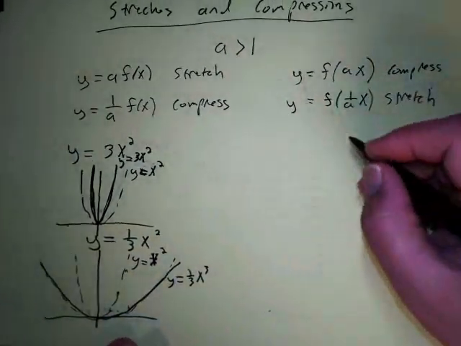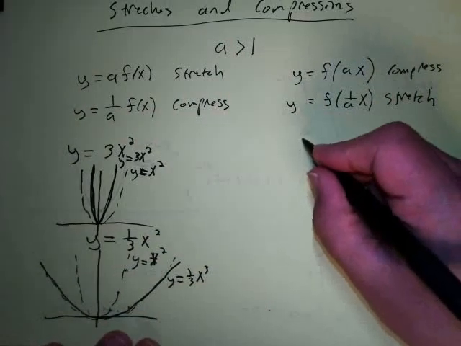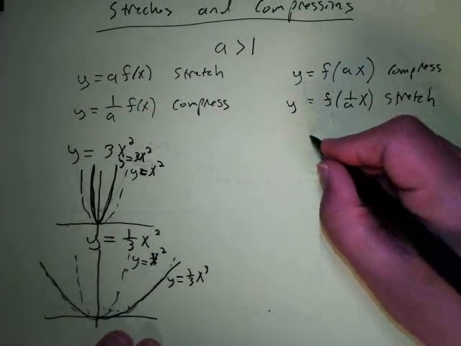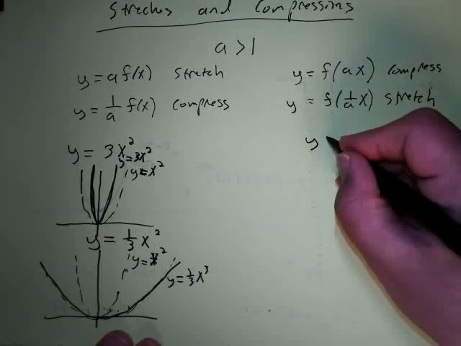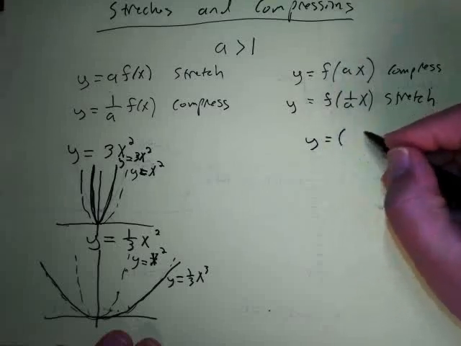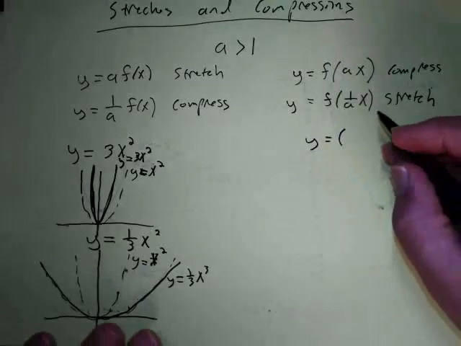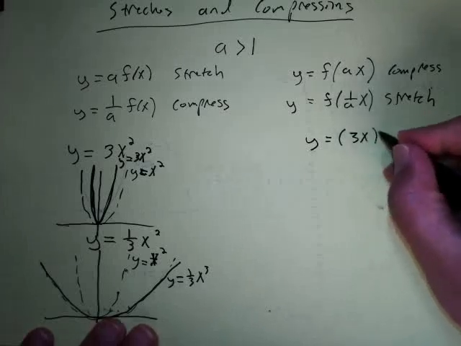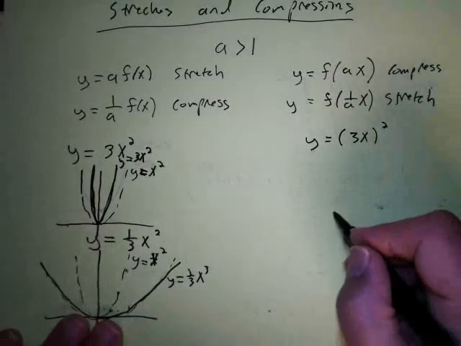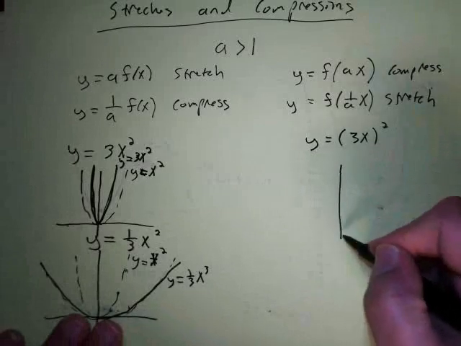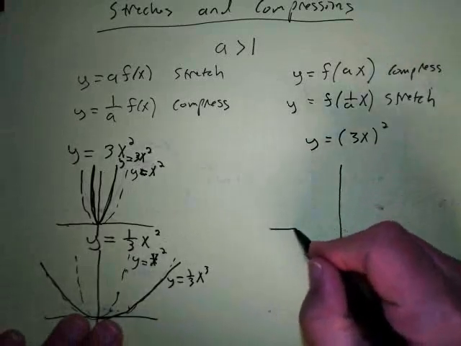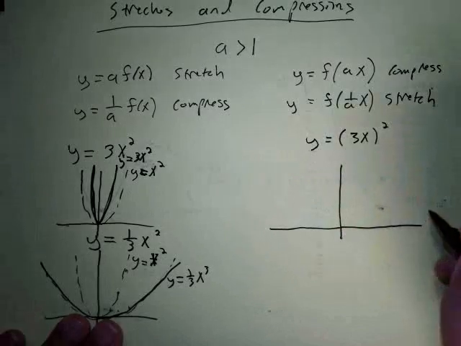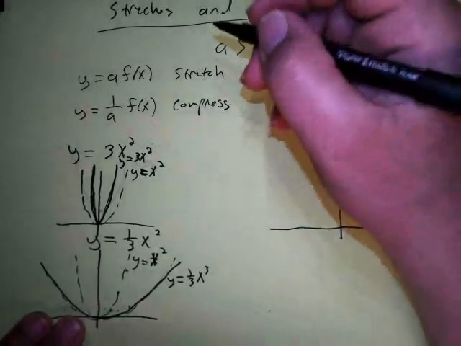Now this is the opposite. I'll use x squared again. If I do y is equal to 3, we'll put 3x inside. You know what?